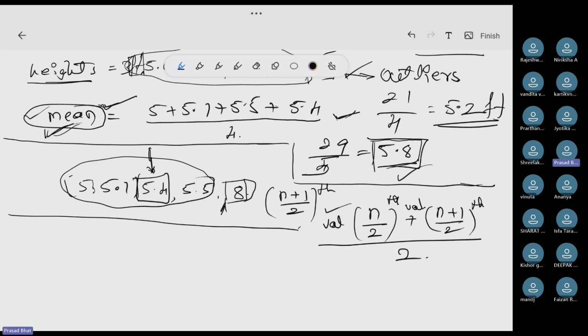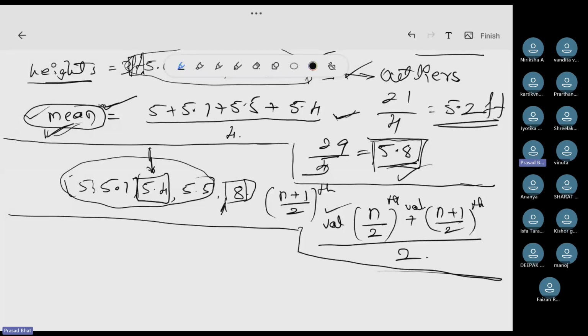Now, these two metrics are helpful for any numerical columns. Why? Because finding out the average or the mean value or the median value requires some mathematical operations like summing them up, dividing by the number of elements, or finding out the total number of elements and dividing it by 2, all these things, right?